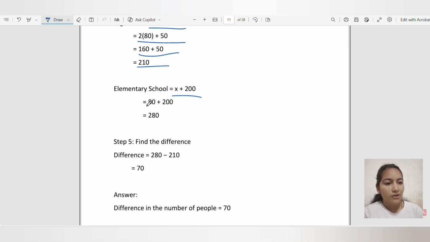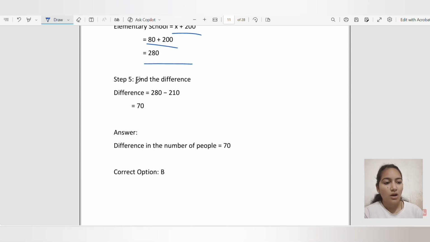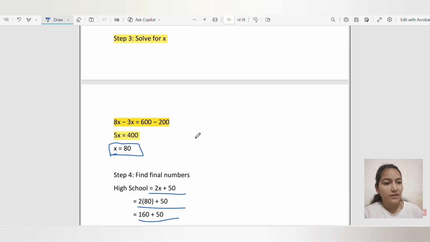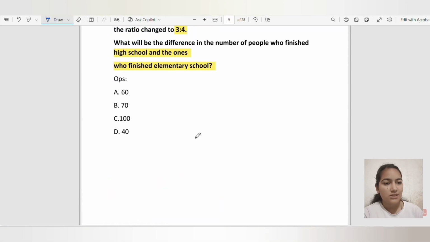Now we have to find the difference between the number of students who finished high school and the number of students who finished elementary school. The difference is 280 minus 210, that is equal to 70. So the difference in the number of people is 70. Now see the options. 70 is option B. Option B is correct.